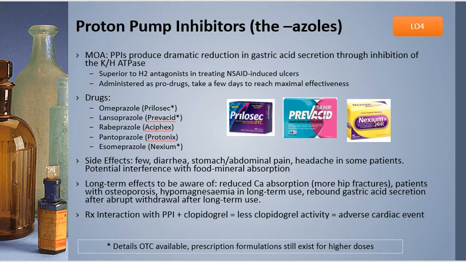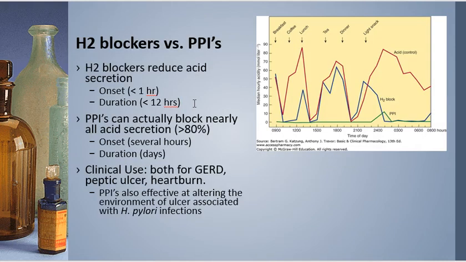And so the pharmacodynamic interaction there basically says that the effectiveness or the biological activity of clopidogrel is dramatically reduced when co-administered with a proton pump inhibitor. And so then less clopidogrel activity favors more incidences of adverse cardiac effects. Okay, and of course the asterisk here basically details that these drugs are over the counter and then quite safe.